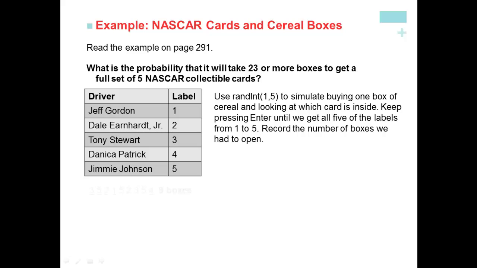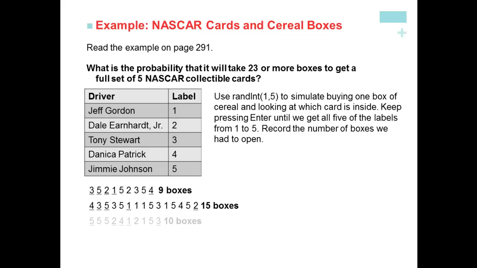On my first simulation, I ended up with a 3, a 5, a 2, a 1, a 5, a 2, a 3, a 5, and a 4. So it took me 9 boxes to get all of the numbers from 1 through 5. On a second trial, it takes me 15 boxes to get all 5 drivers. On a third simulation, it takes me 10 boxes.